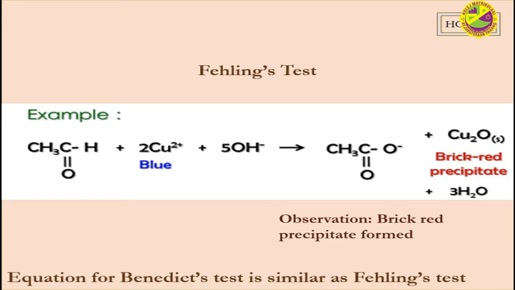The hydrogen is replaced with O minus plus Cu2O solid, which is the one that gives the brick red precipitate, plus 3H2O. The observation for a positive Fehling's test is brick red precipitate form. If the test is negative, we do not have to draw the product of the test, but we should write the observation as no brick red precipitate form.